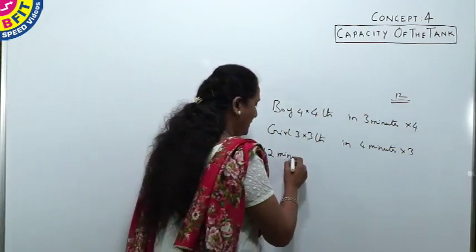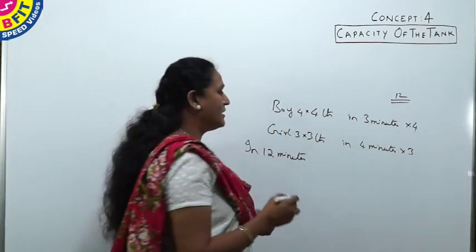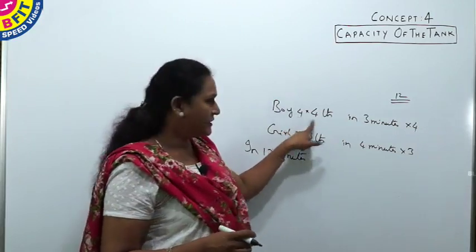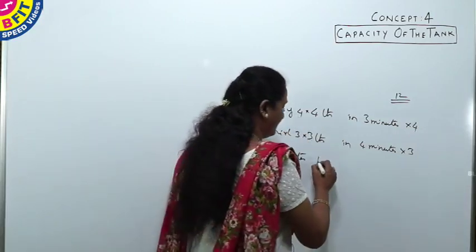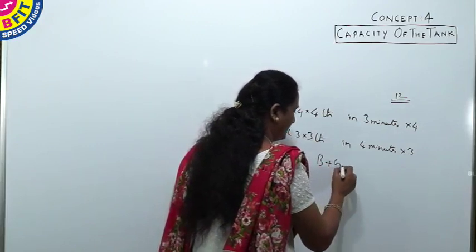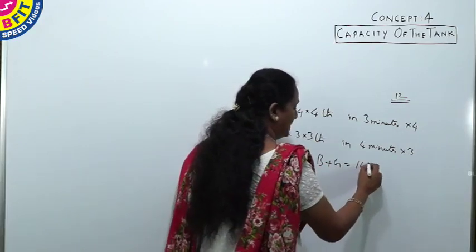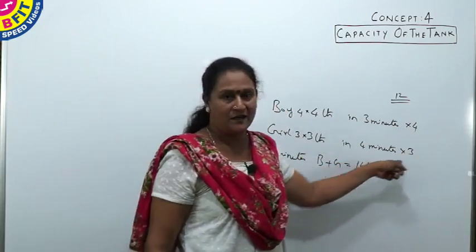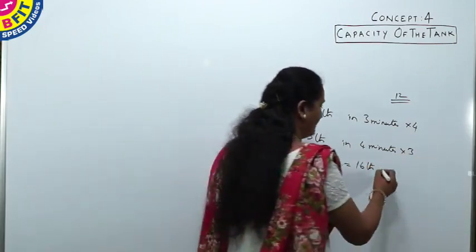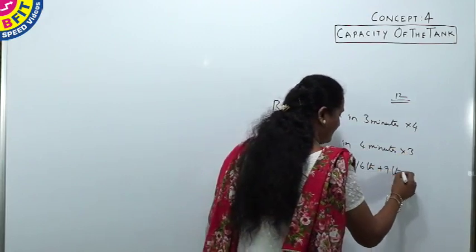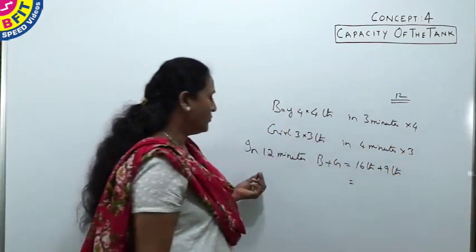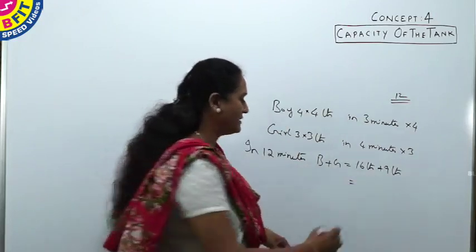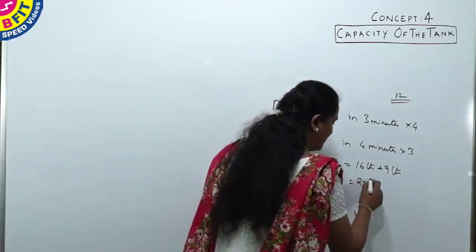So in 12 minutes, what is the amount poured by the boy and the girl? The boy pours 16 liters of water. And how much water does the girl pour in 12 minutes? 9 liters. Now this boy and the girl in 12 minutes, how much water have they poured? 16 plus 9, 25 liters.